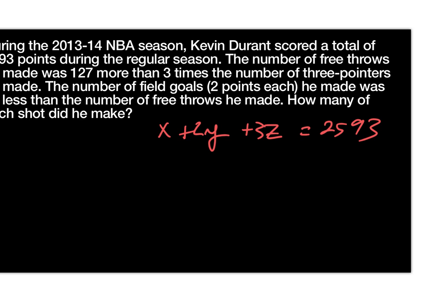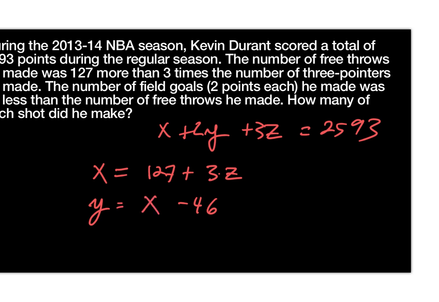The number of free throws he made, x, is 127 plus 3 times the number of three-pointers. The number of field goals, that's 2-pointers, he made equals 46 less than the number of free throws made, so y equals x minus 46.